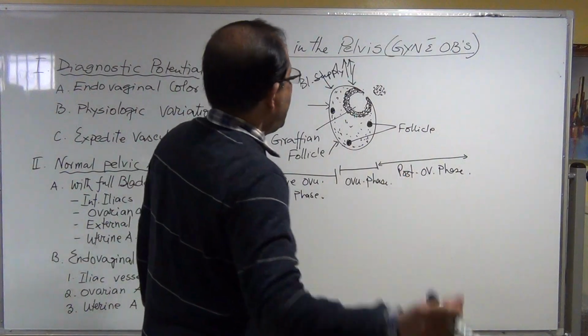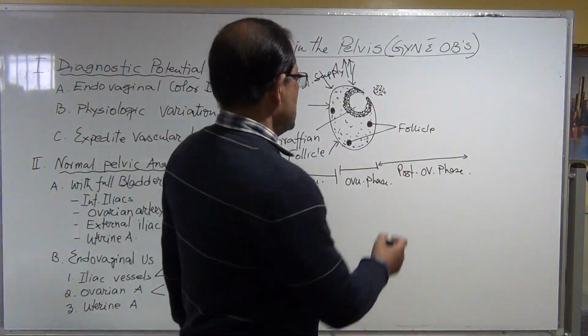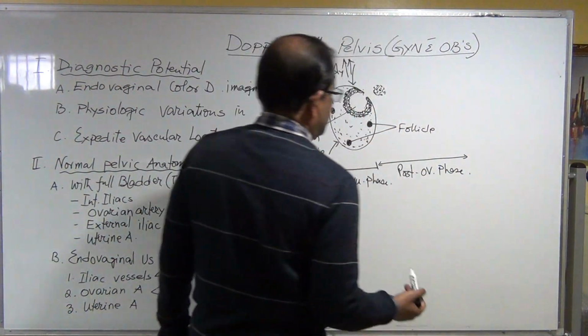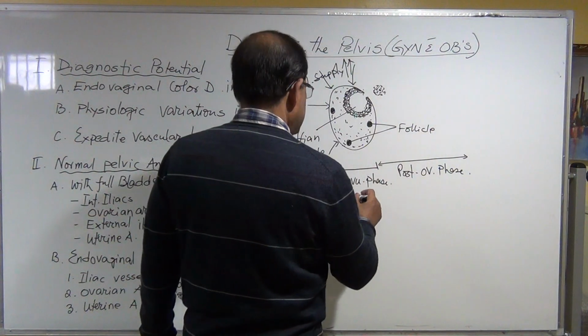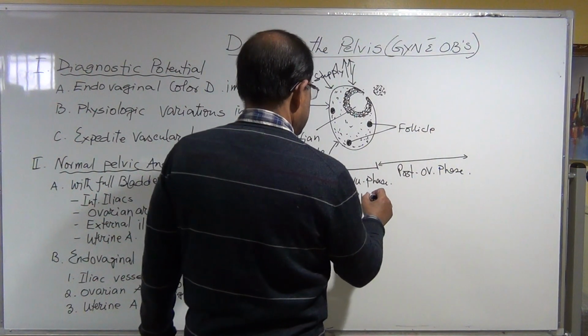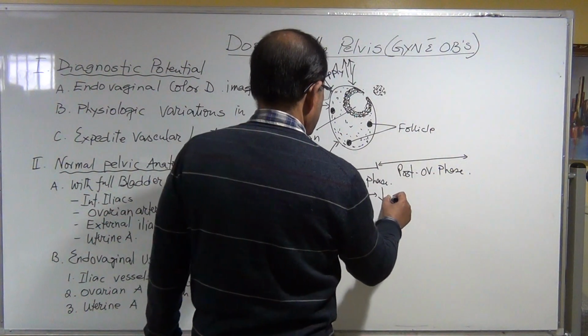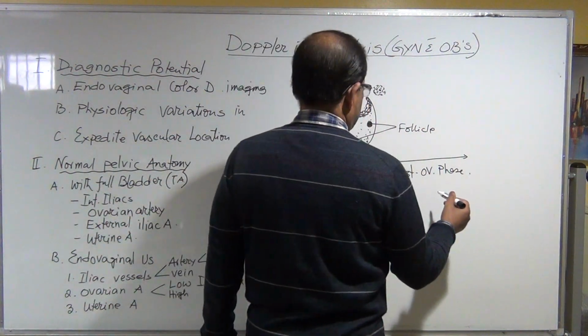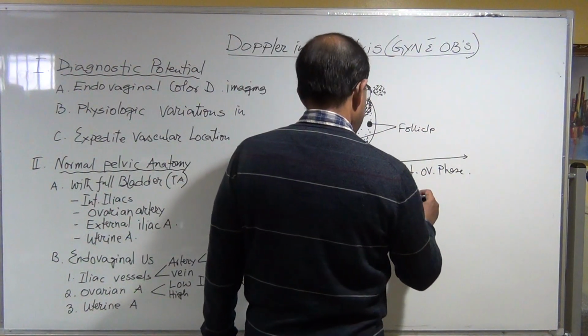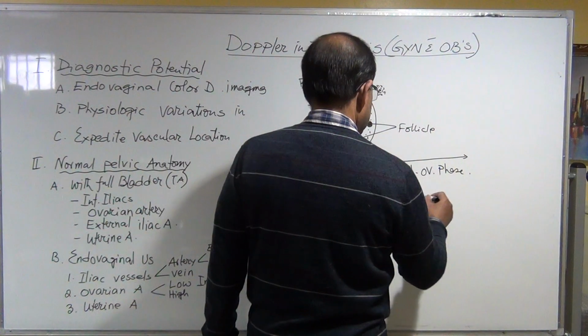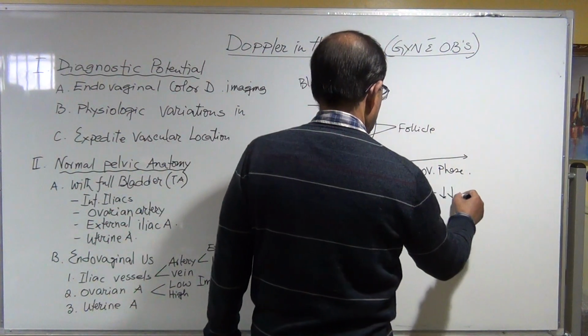Then what happens to the blood supply during the post-ovulatory phase? In the ovulatory phase, the resistivity index will be low. Post-ovulatory phase, the resistivity index will be low.